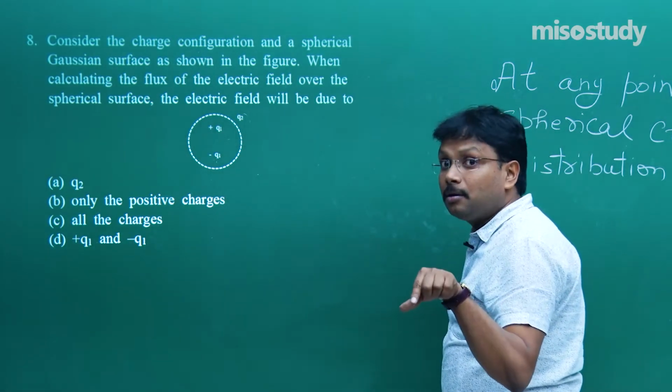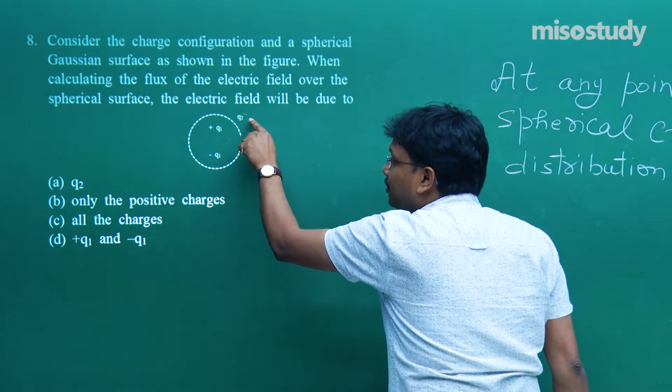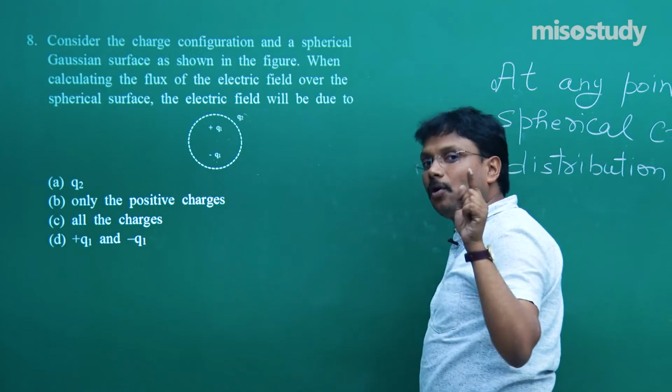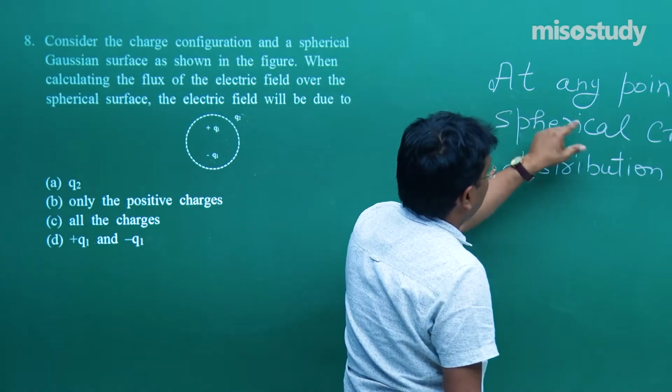But then again a problem will come for other students, they say, then sir, why are we considering Q2 also. So for all of those students, I am writing this statement.